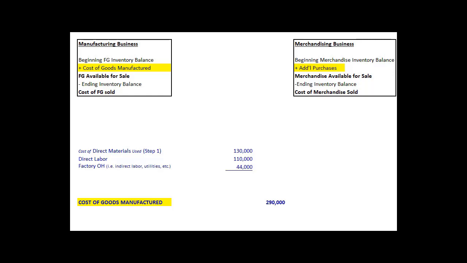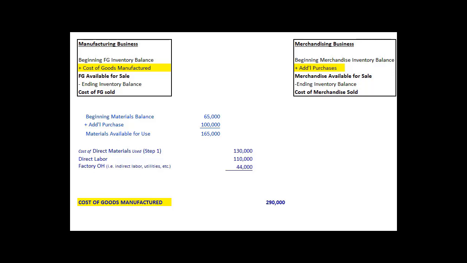And how do we obtain this cost? We would start off with the beginning materials balance that we have. Then we add to it the additional purchase of materials. We would arrive at materials available for use.